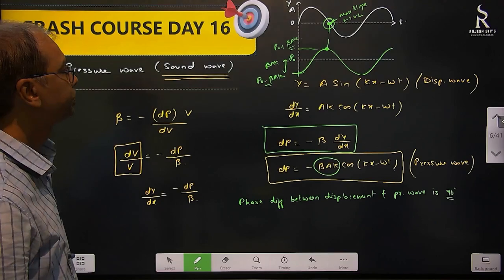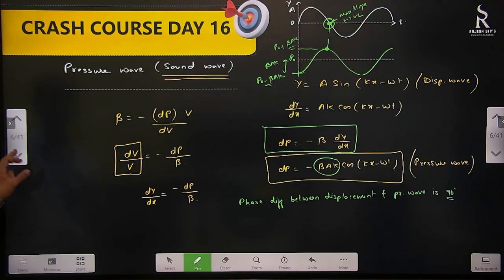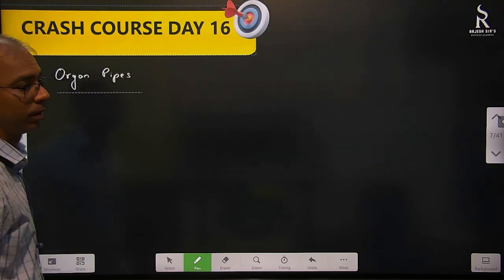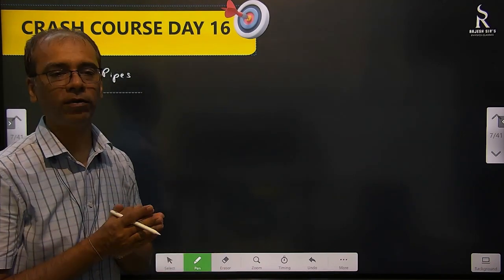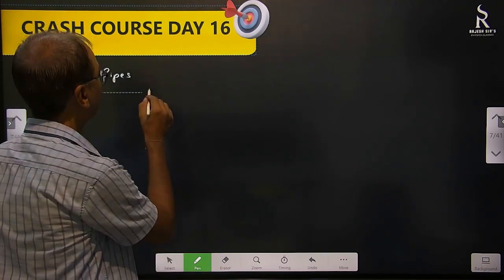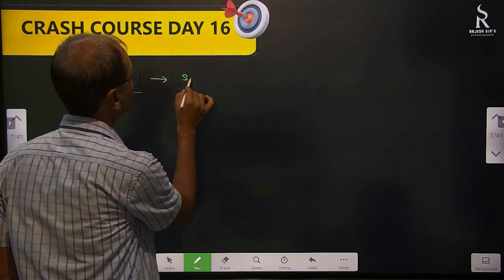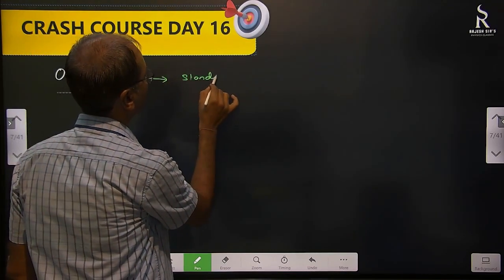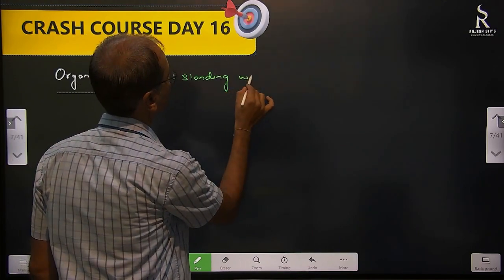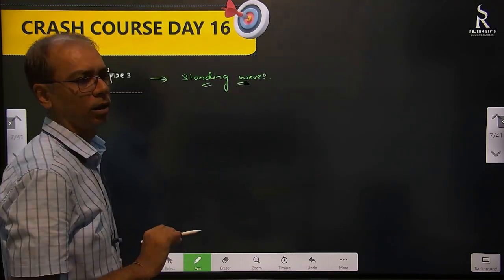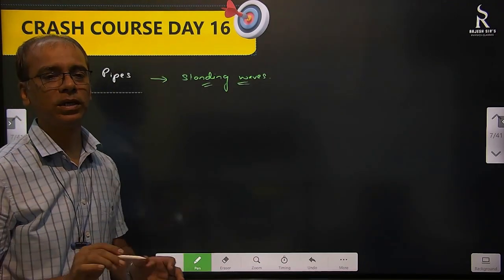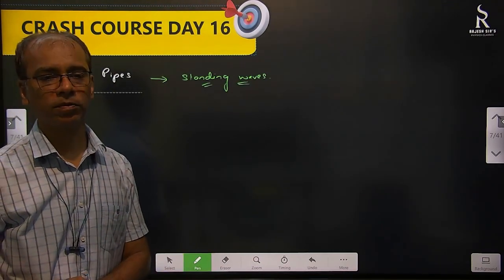Okay, right. So let's come to the organ pipe. In an organ pipe we are going to have standing waves. The formula of standing wave is the same, there is no change: 2a sin kx cos omega t as far as the displacement wave is concerned.